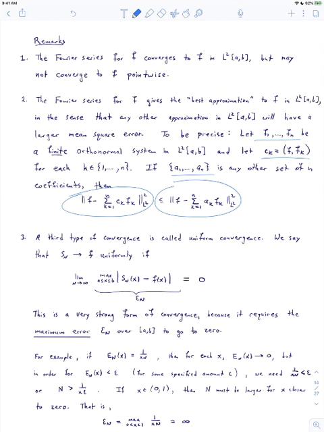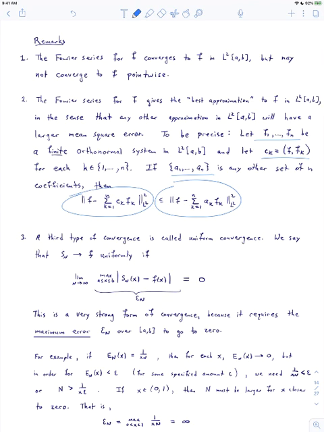So you fix an n, and then you look at the pointwise error for each x, and you collect all of those together and look at the maximum. That's what we call epsilon n, the maximum error over [a,b]. And in order for convergence to be uniform, this maximum error has to go to 0 as n goes to infinity. This is a very strong form of convergence.